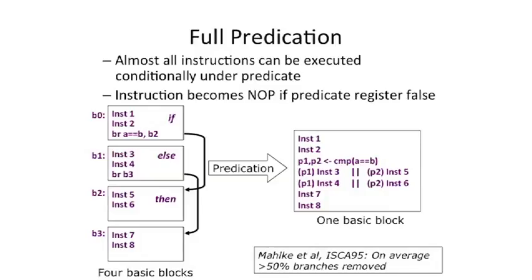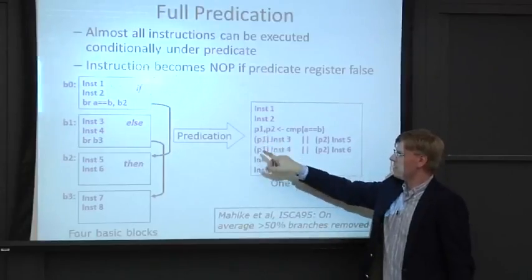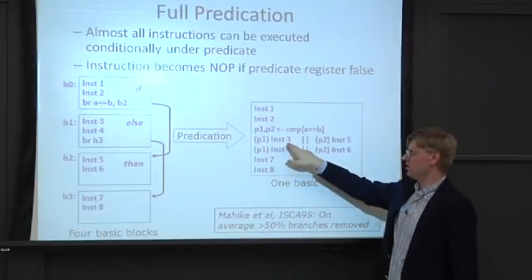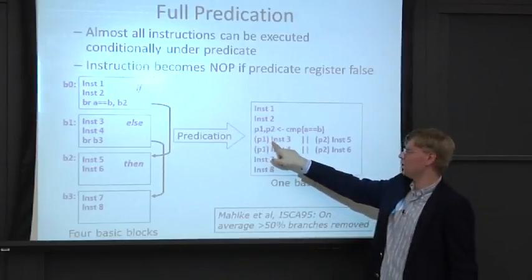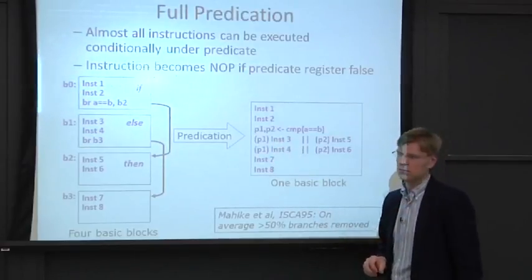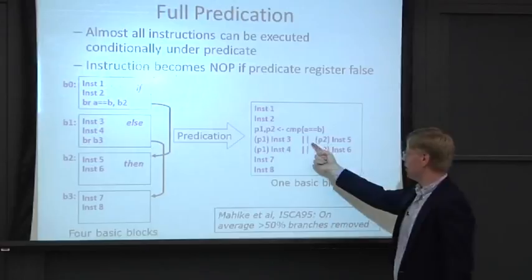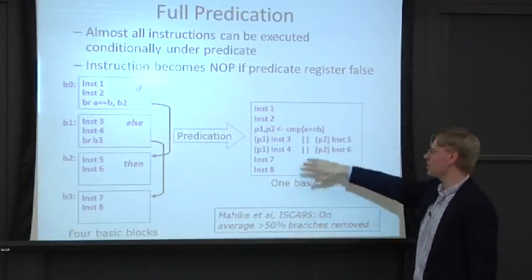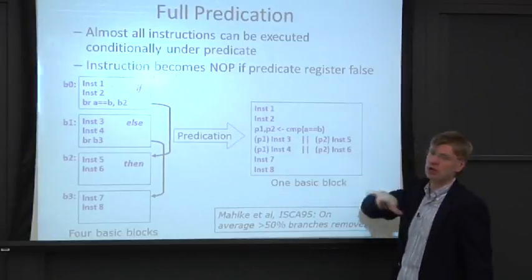So what this means is if P1 is 1, execute this. If P1 is 0, nullify this instruction 3 here. And we have a double pipe here. What am I trying to show with this? Well, I'm trying to show that this is parallel. This and this are executing at the same time.